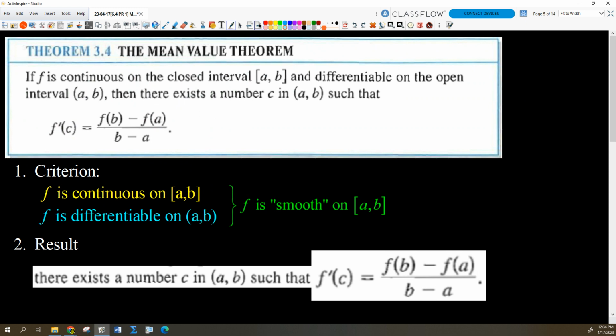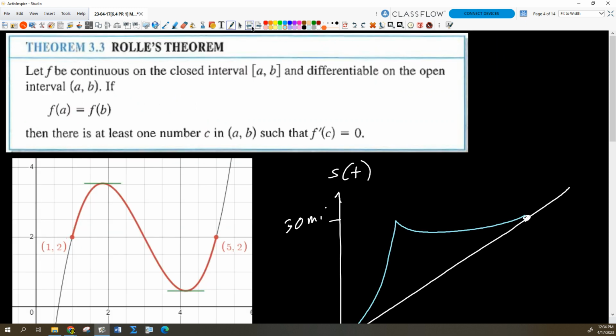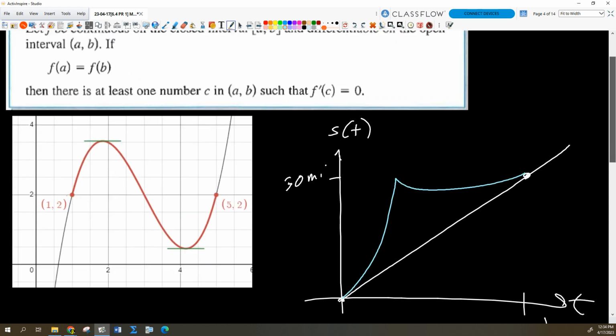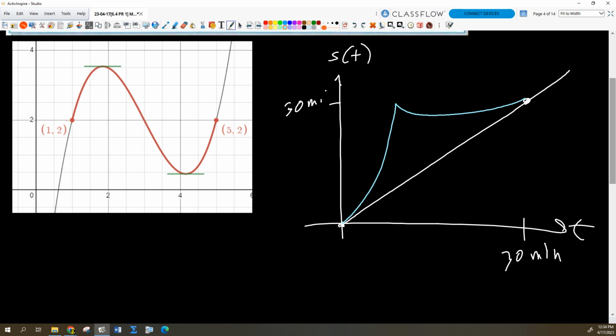That would be the Hermiston example that I started. I was kind of jumping the gun on that a little bit, right? So if my average rate of change is 60 miles per hour, then there has to be at least one place on this trip where I'm going exactly 60 miles per hour.